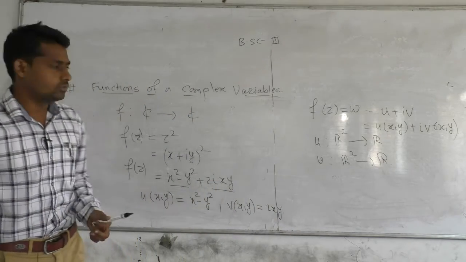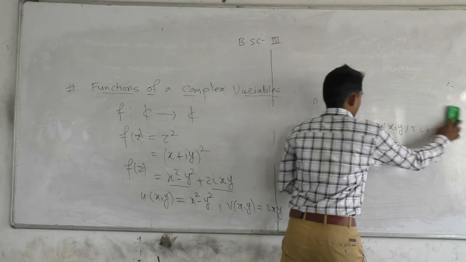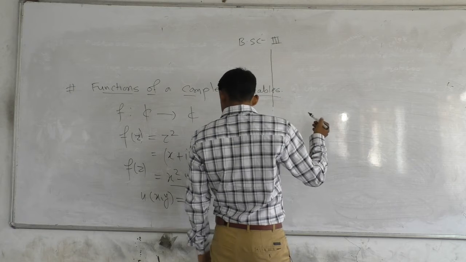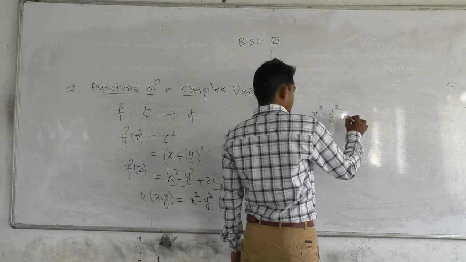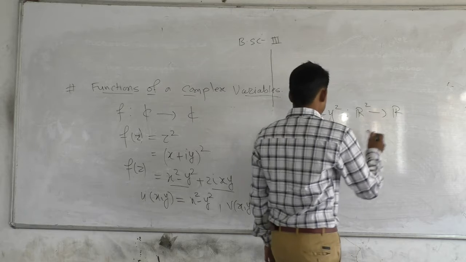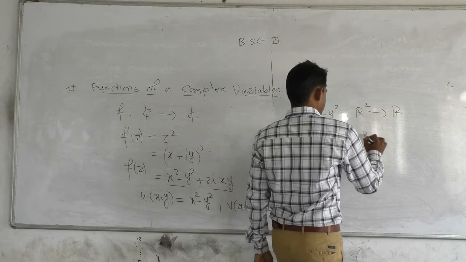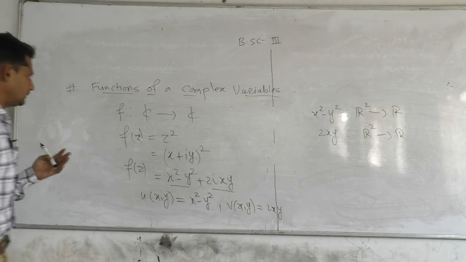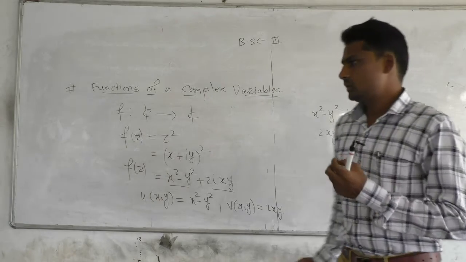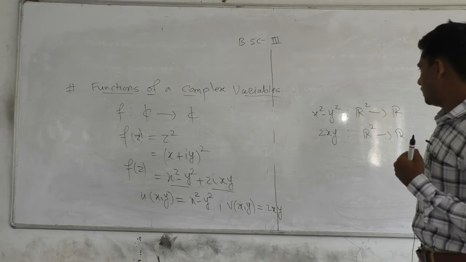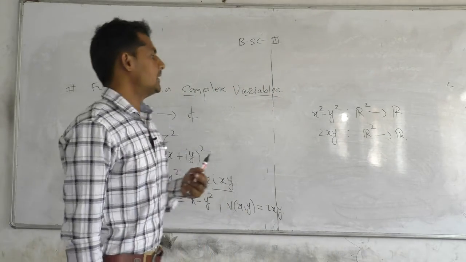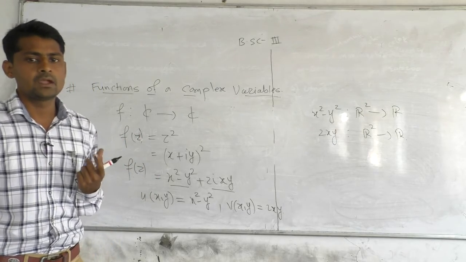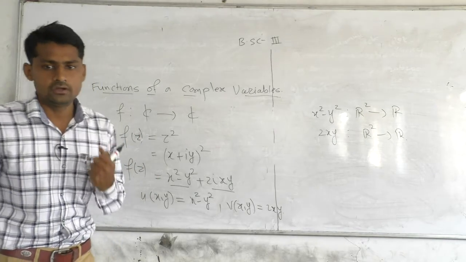Both u and v are functions of real variables: x squared minus y squared is a function from R2 to R and 2xy is a function from R2 to R. So in general, the given function of complex variables is denoted by w = f of z, and it can also be written as w = f of z = u of x,y plus i v of x,y.